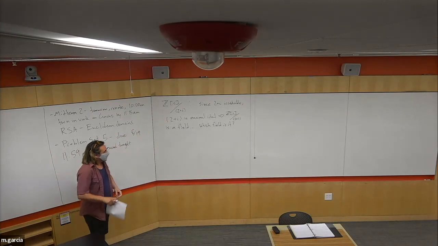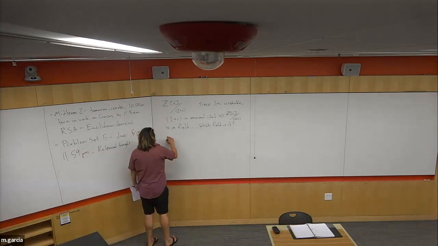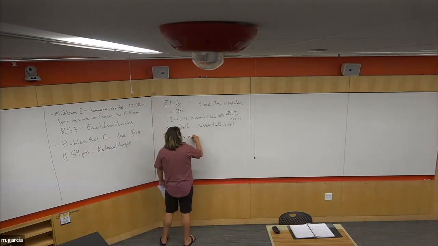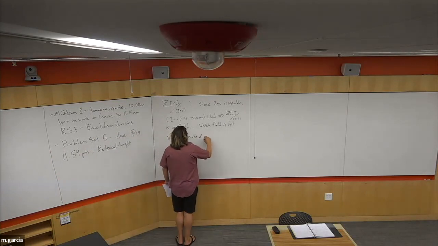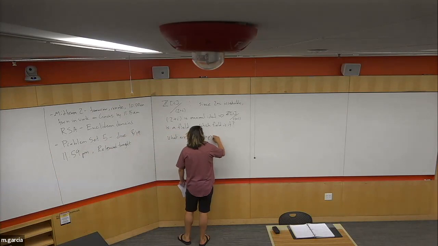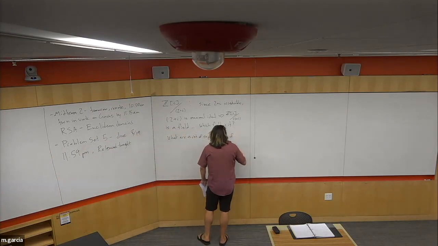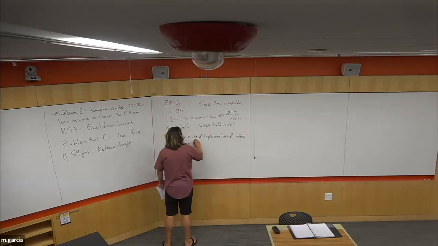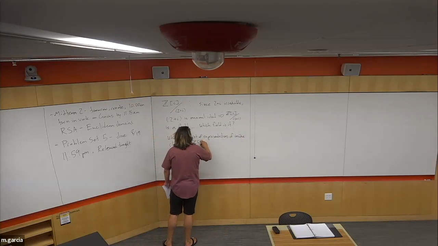Right, which is equivalent to, so let's say this: what is a set of representatives of residue classes in Z adjoin i mod 2 plus i?